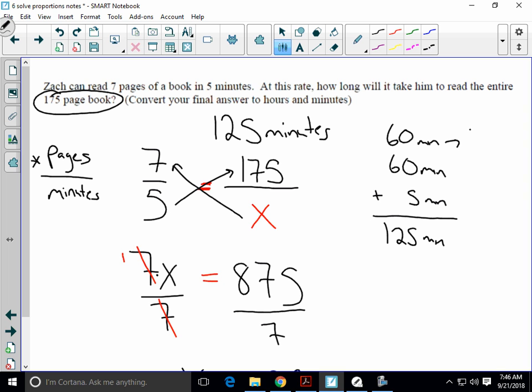So 60 minutes is 1 hour, 60 minutes is another hour, plus 5 more minutes. So it would be 2 hours and 5 minutes. Okay, so 125 minutes or 2 hours and 5 minutes.